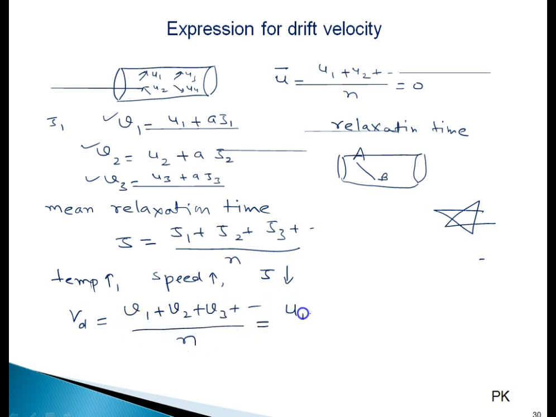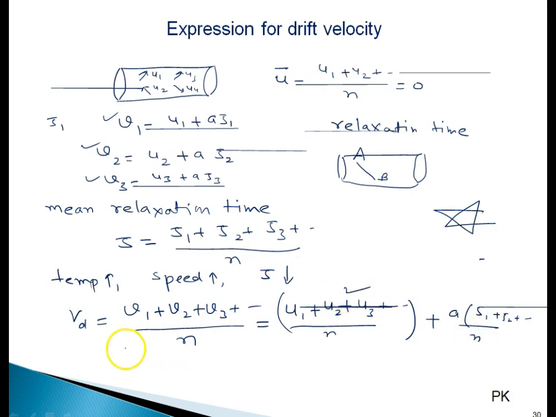What we calculate is (u1 + u2 + u3)/n plus a(τ1 + τ2 + τ3)/n, and we have discussed this first part is 0, so I will say Vd equals a τ. This τ is the mean relaxation time I have discussed earlier.